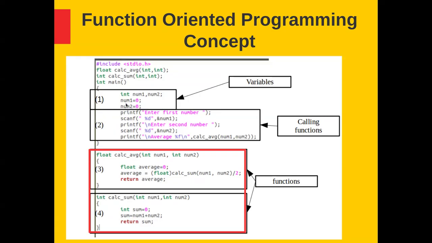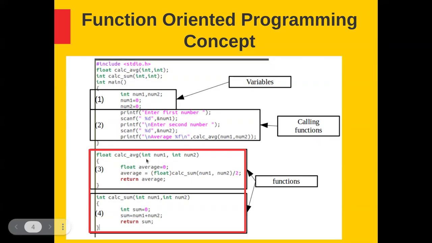We declare variables and initialize them, and printf asks to enter the first number and second number, and then calculate average. These num1 and num2 parameters are sent to this function.